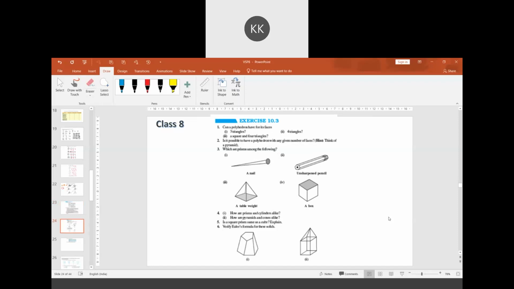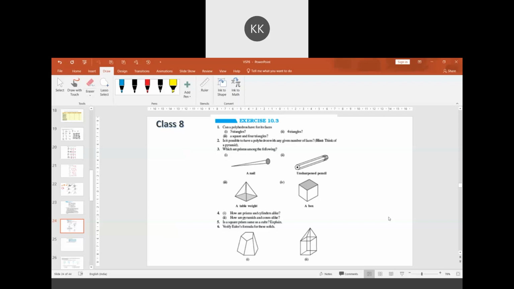Okay, this is our exercise 10.3. Can a polyhedron have for its faces 3 triangles? Can we have a polyhedron with 3 faces? No, sir. Are you sure that you cannot have?